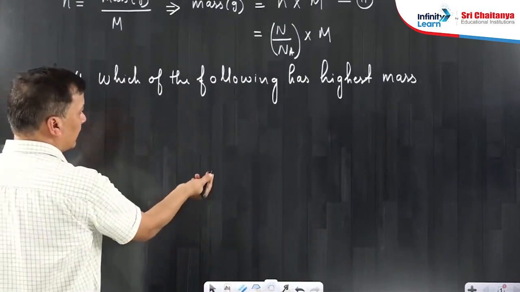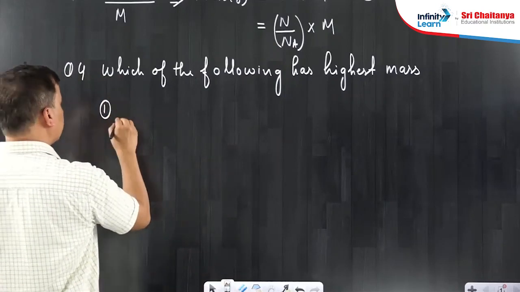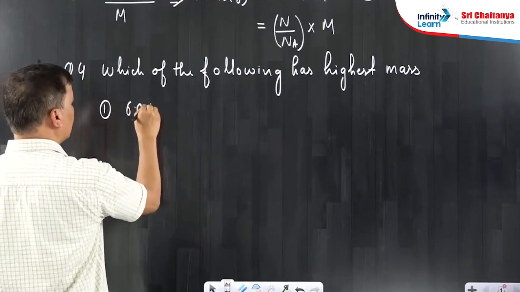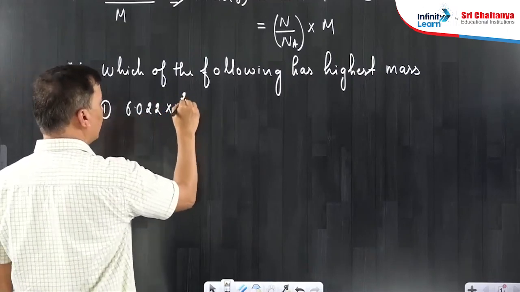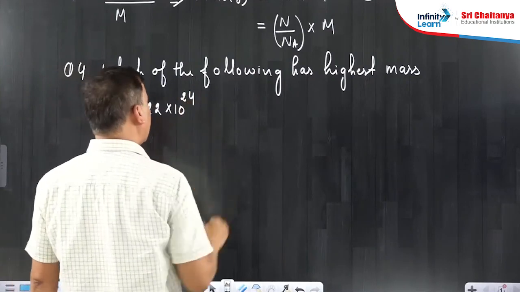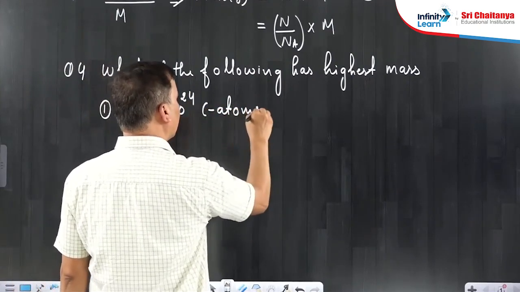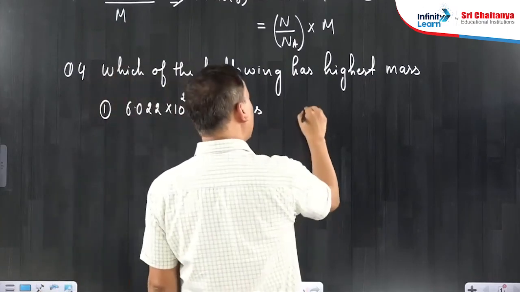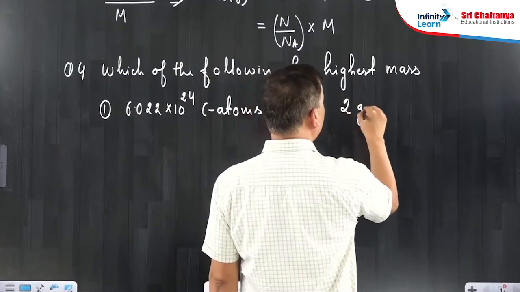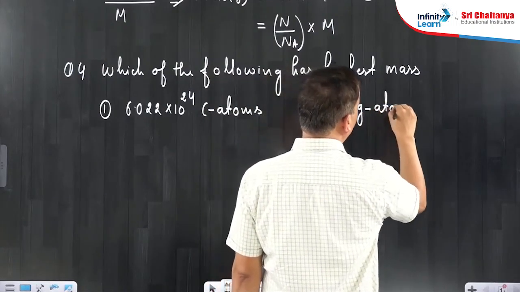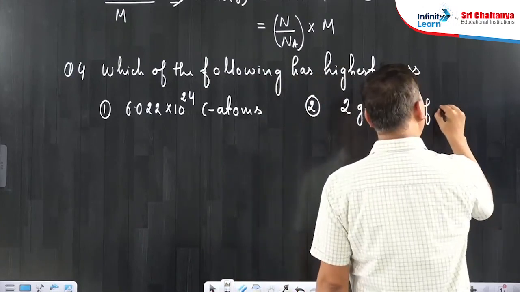Dear friend, I am taking here number 1: 6.022 into 10 raised to power 24 carbon atoms. Number 2: 2 gram atom of copper.